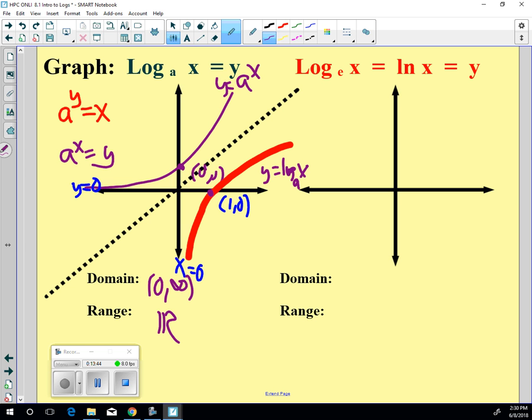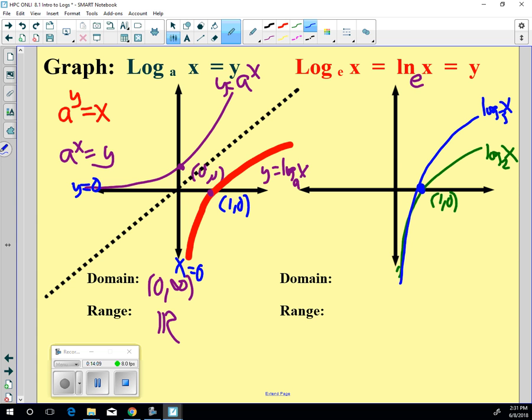And by the way, if you have natural log, that's log base e, 2.7. It's just going to be, well, let's look at that real quick. So here's log base 2 of x going through 1, 0. Here's log base 3 of x.